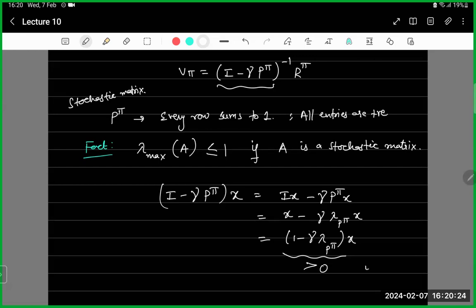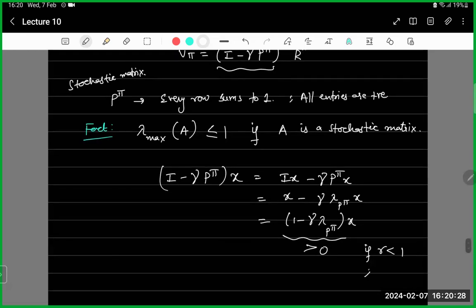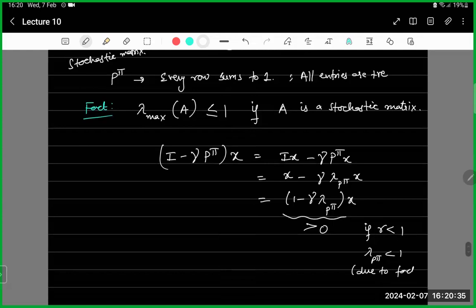So if gamma is less than 1 and lambda P pi is less than 1 due to our fact, whatever we wrote here, we are able to show that any eigenvalue of this particular matrix is positive.